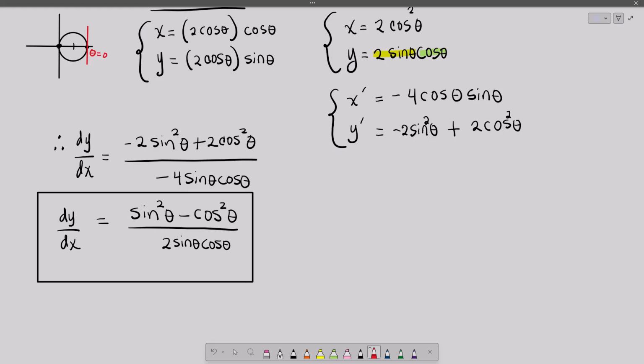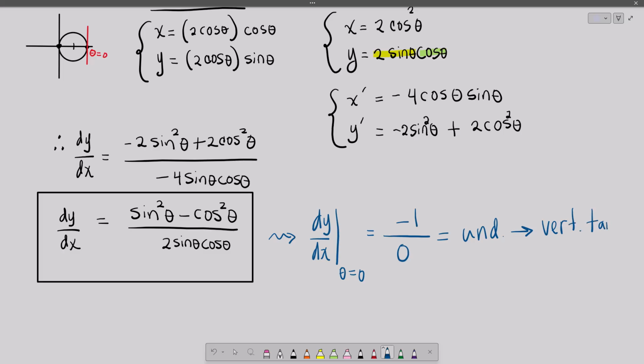If the point on the curve at theta equals 0 translates to a vertical tangent line, the derivative should be undefined. Let's check. So we come over here, we're going to use that same notation that we use with parametric. We have to put that vertical line with a theta equals 0, so that's what we would do. All right. Sine of 0 is 0, so that's gone. Cosine of 0 is 1, so we're going to get negative 1 divided by 0, which is undefined. That translates to a vertical tangent, which is what we have at theta equals 0.